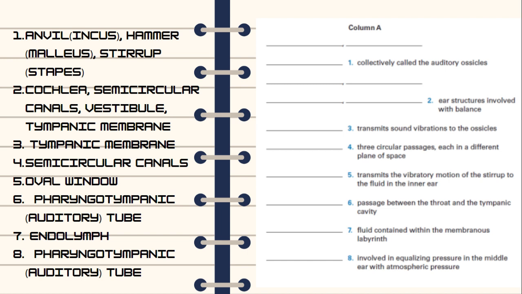Number 2. Ear structure involved in balance. Our answer is cochlea, semicircular canals, vestibule, tympanic membrane.